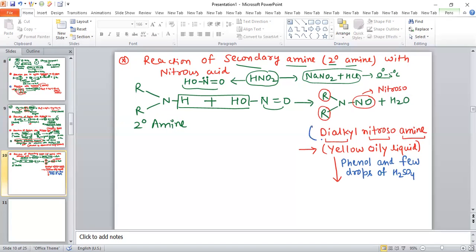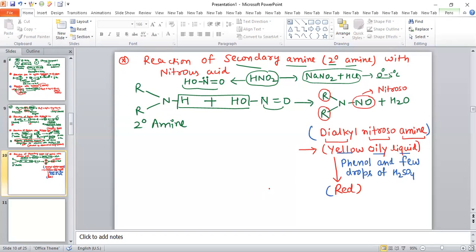This one, dialkyl nitrosoamine, which is a yellow oily liquid. When we add phenol and with phenol few drops of H2SO4, then red color is obtained. So this yellow oily liquid turns into red color.